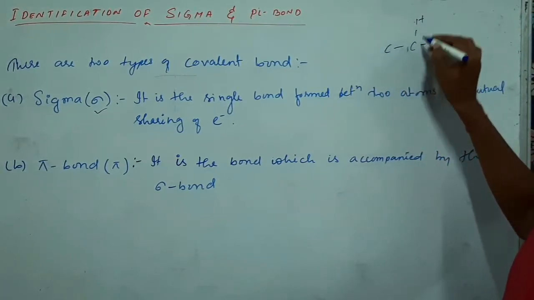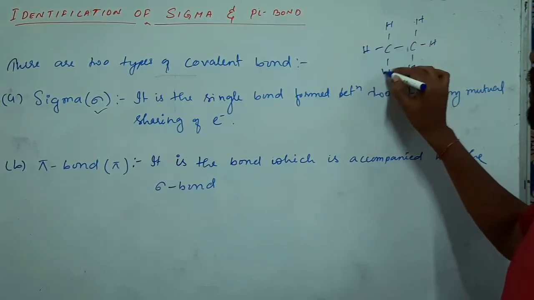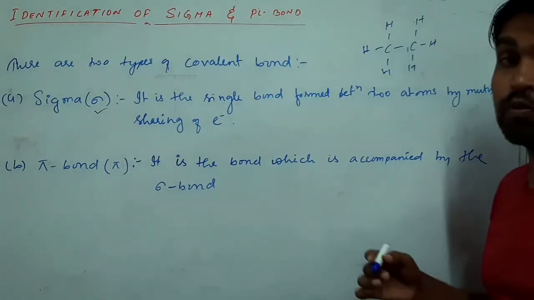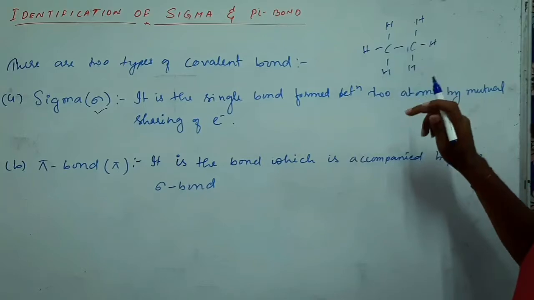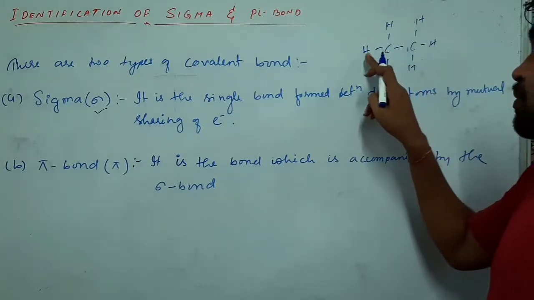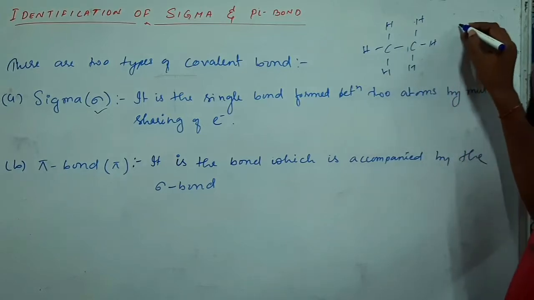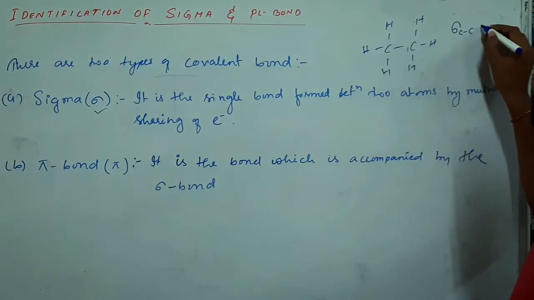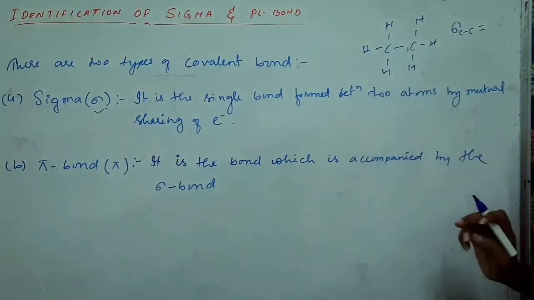Another example, let us take CH3 CH3, with the hydrogens drawn out. Here if I ask you how many sigma bonds are present, there are two types of bonds. One is sigma bond between carbon and hydrogen, another one is sigma bond between carbon and carbon.